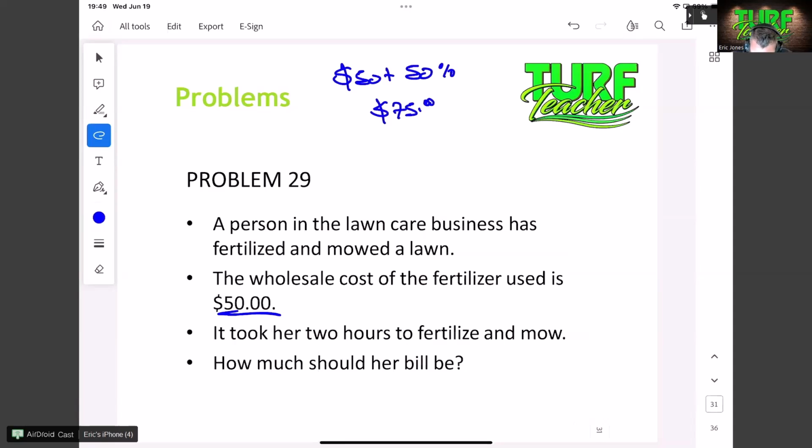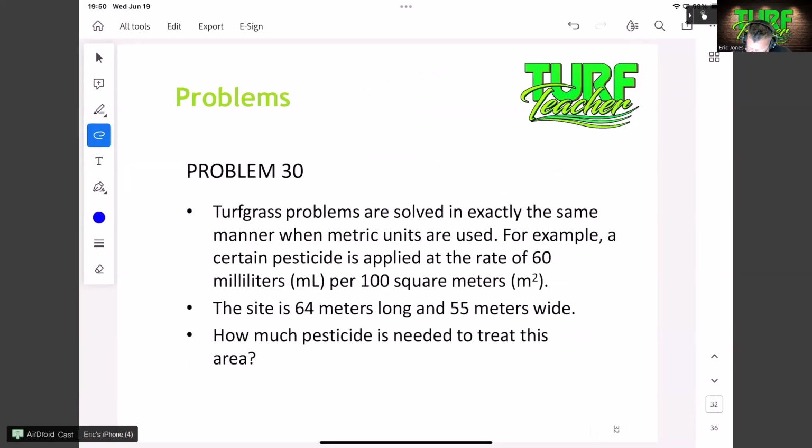It took her 2 hours. And really, it doesn't state it here on the slide, but her labor rate is $45. Way too cheap. So she's at $90. And we're going to add the 75. So her bill is $165. Doesn't have the $45 labor rate down there. My fault for that.